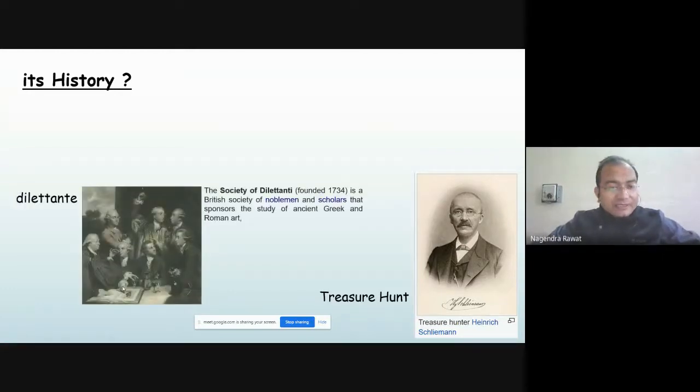The next phase which comes in archaeological exploration was the phase of the dilettanti. I think you must know this term, it is an Italian term, dilettanti.